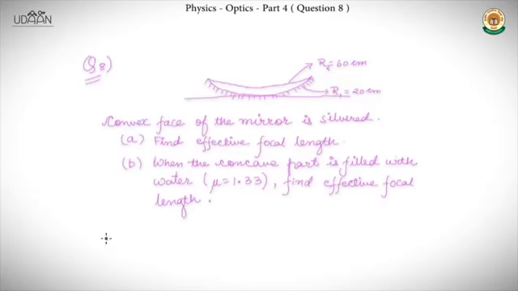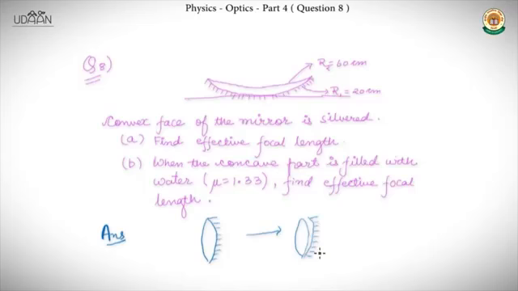See, in this setup one face of the lens is silvered, so we could basically consider a silvered lens as a combination of a lens and a mirror in contact.